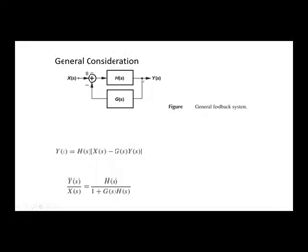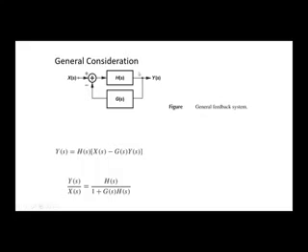The output is taken and given to the feedback network. The output of the feedback network is given to this adder circuit. Here, the adder circuit subtracts the feedback signal from the input signal and generates the error signal, which is given to the amplifier.